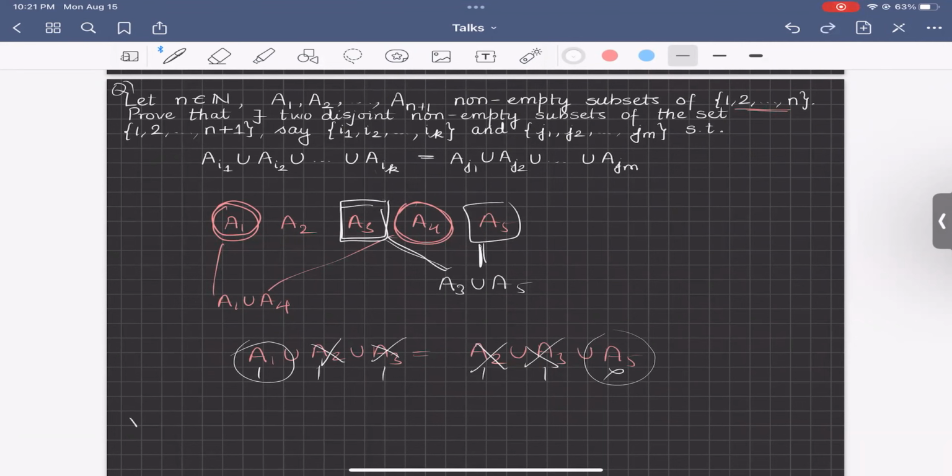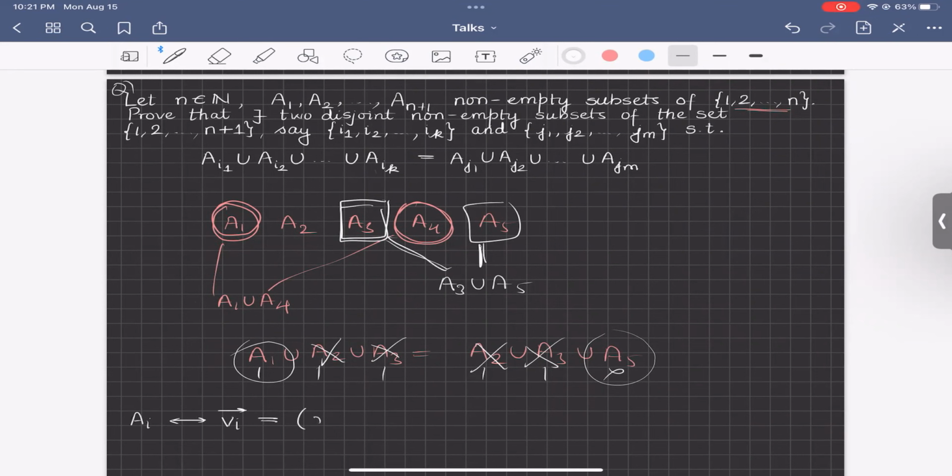So yes, it's very natural to make a correspondence of each A_i with a vector v_i, which is ones and zeros.